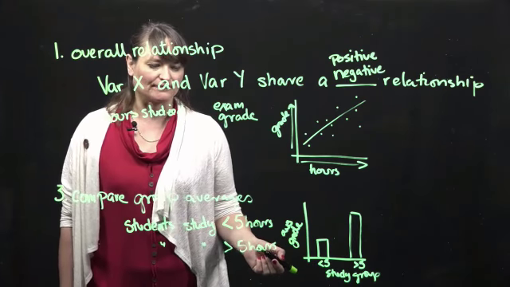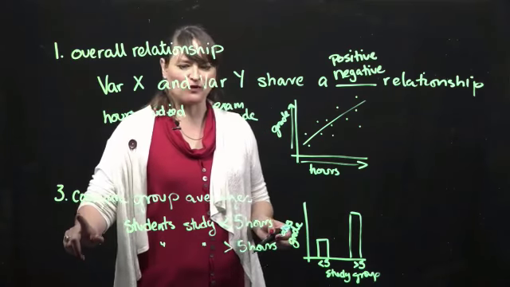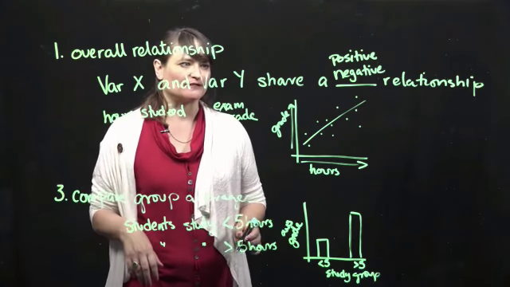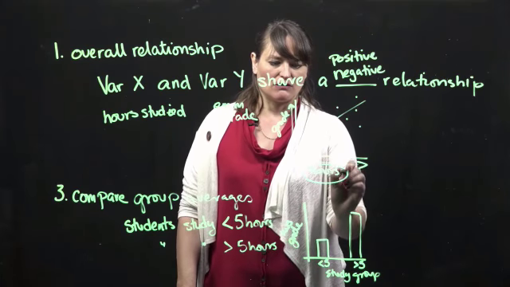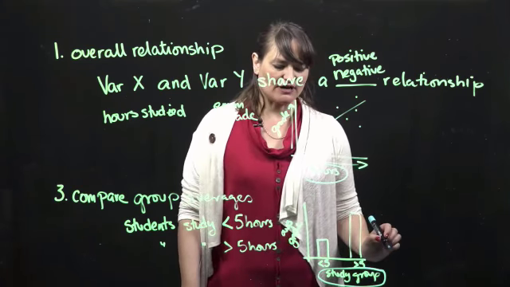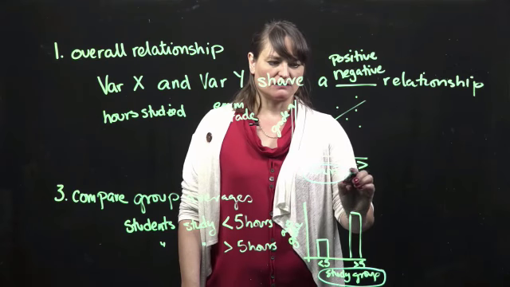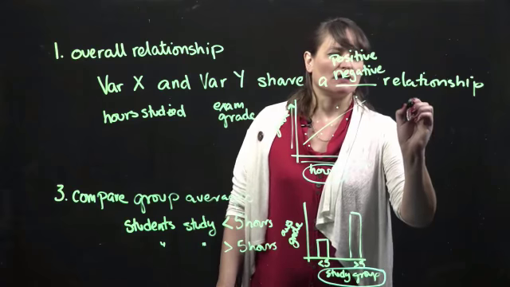Let's see if we can figure out when we would talk about overall relationships and when we would talk about comparing group averages. It all has to do with whether your predictor variable was measured continuously or categorically.